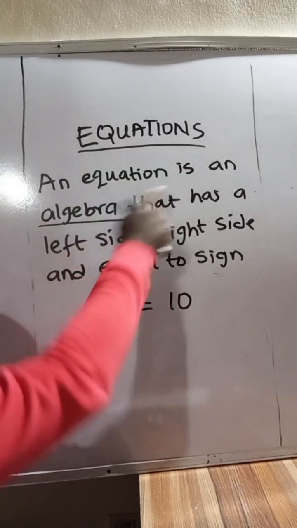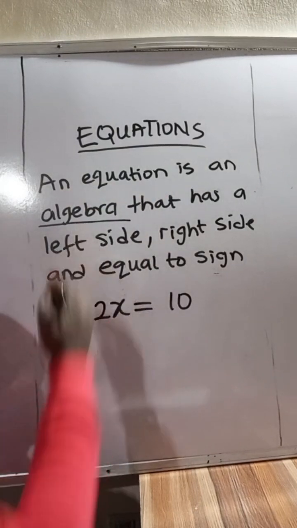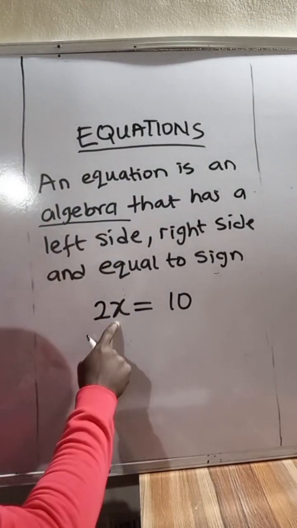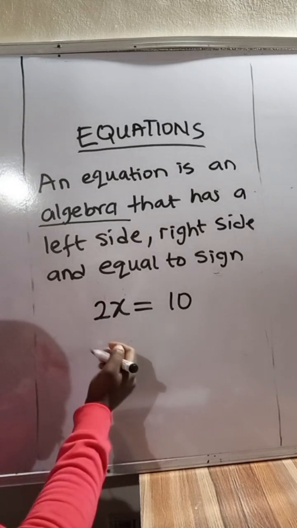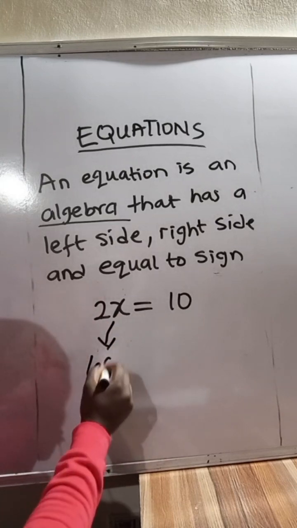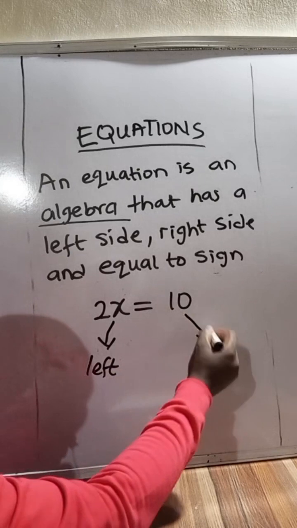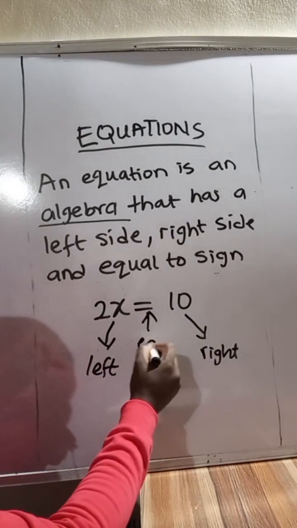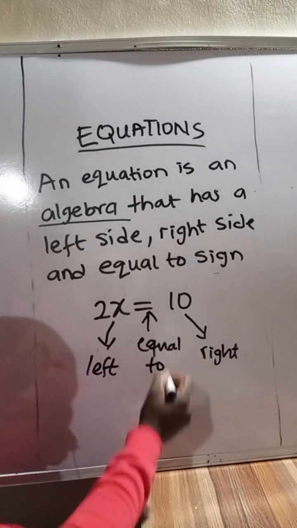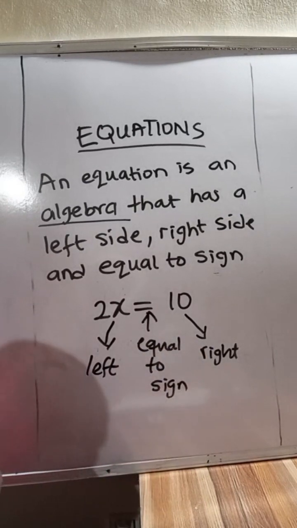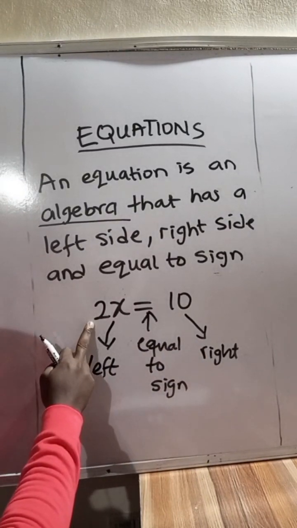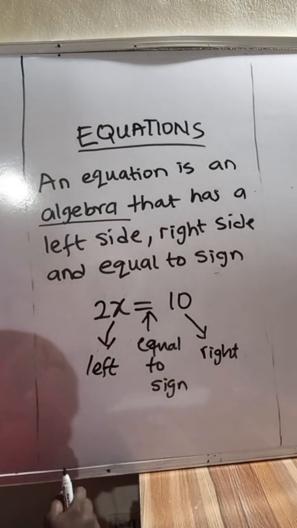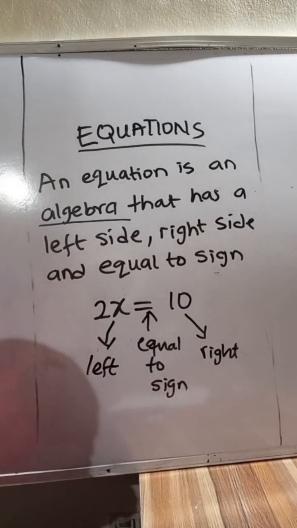So an equation is an algebra that contains a left side. If you look at this example we have here, 2x is on the left, 10 is on the right, and in between you have an equal to sign.